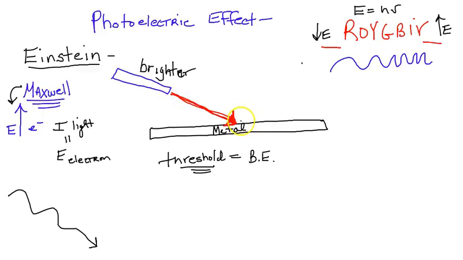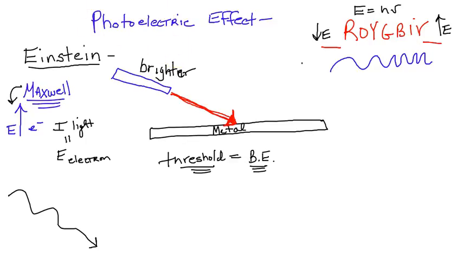The red light did not have enough energy to do so. And classical physics states you just make it brighter. You're going to give it more energy because light is a continuous form of energy. And if you make it brighter, you're going to put more energy here and you'll eventually reach the binding energy and remove it. But it didn't work. It didn't work. And so that was a major problem.